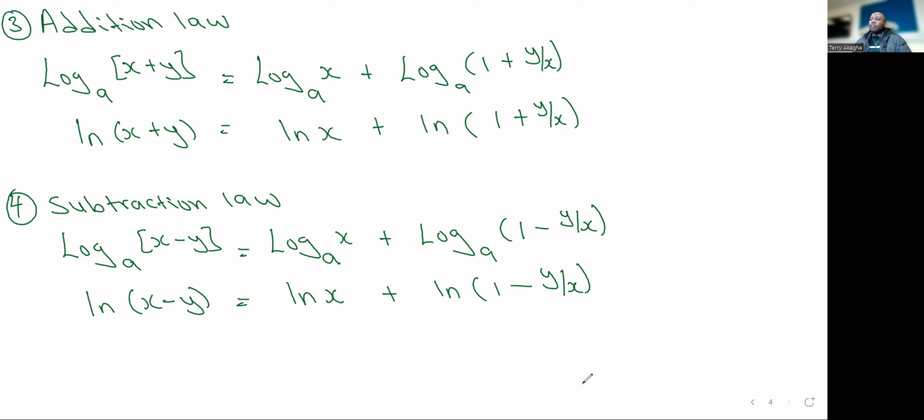Then, number 5, the next law we'll talk about is called the exponential law. Okay, so exponential law is we have log a now of x raised to power n. So that means there's a power here, all right?